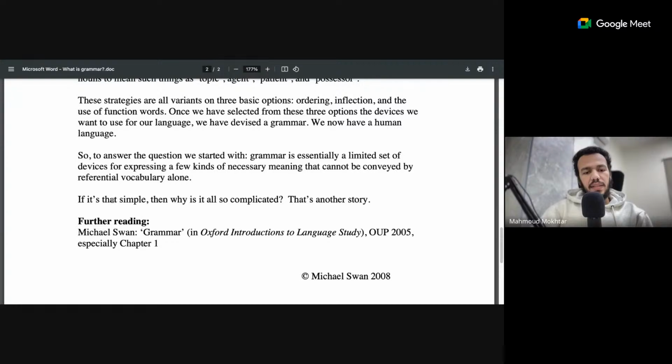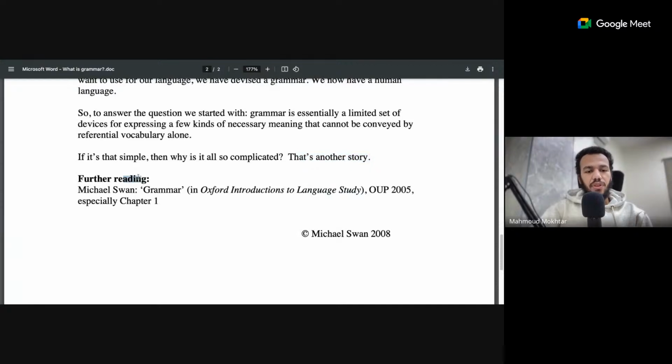If it is that simple, then why is it all so complicated? That's another story. Further reading: Michael Swan, Grammar, Oxford Introductions to Language Study, Oxford University Press, 2005, especially Chapter 1.